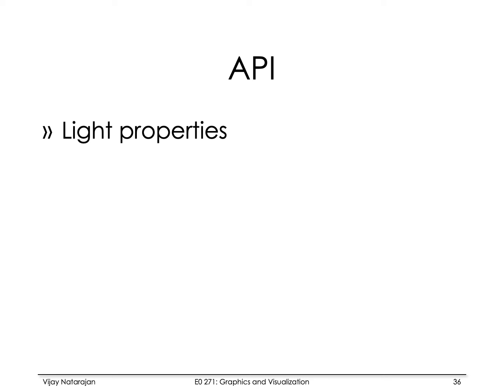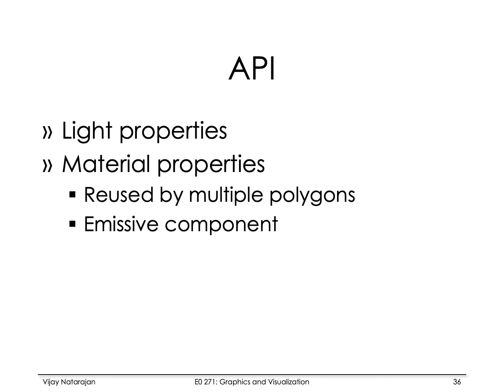What kinds of light, what color, and so on. Properties of materials. Of course, these can be abstract materials that are used by different objects and different polygons or different triangles. Sometimes the material properties also include an emissive component where the material functions like a light source.